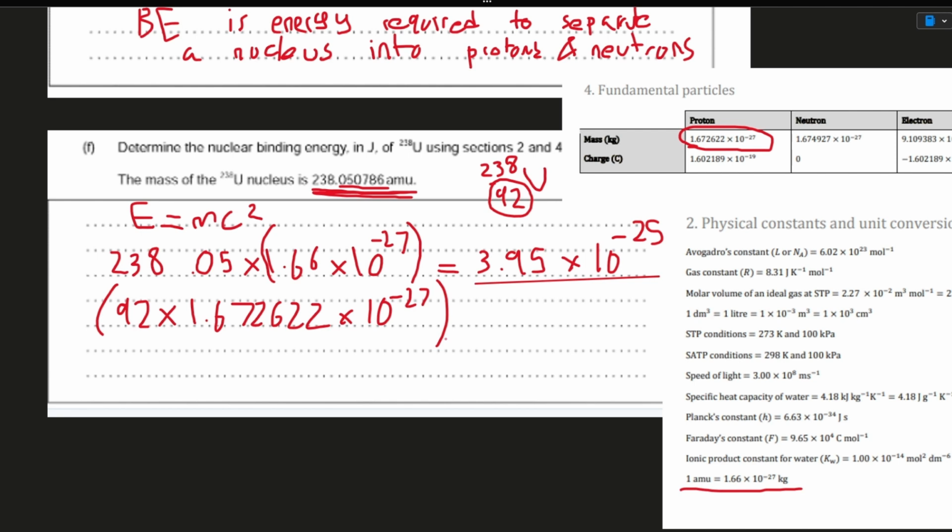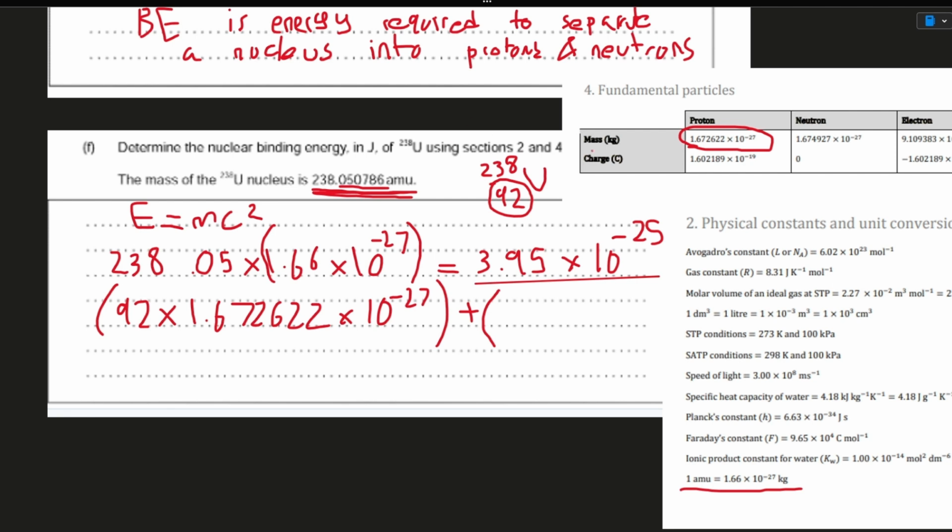And we add this with the mass of the remaining neutrons.